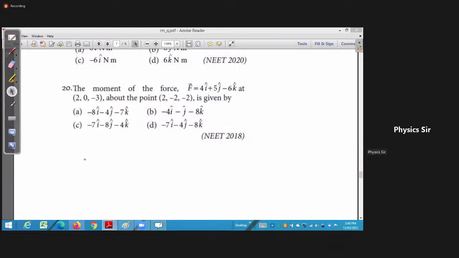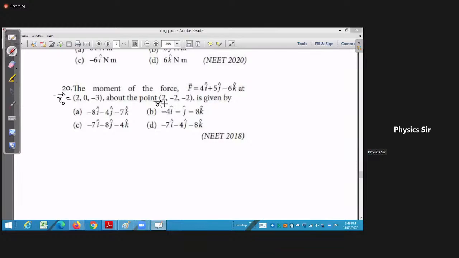Okay. So this question: the moment of force vector F, which is 4i plus 5j minus 6k, acting at 2, 0, 3, about the point 2, minus 2, minus 2 is given by. It means basically students, as we saw earlier, this is the origin, vector r0, and this is vector r1.